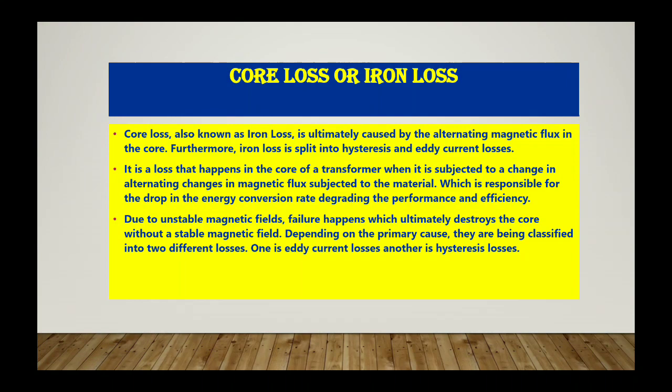Due to the unstable magnetic field, failure can happen, which ultimately destroys the core. Depending on the primary cause, the losses are classified into two categories: one is eddy current loss, another is hysteresis loss.